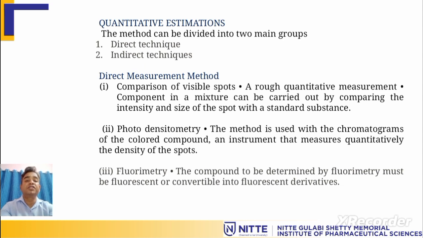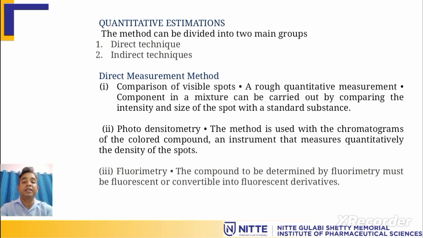Whereas photodensitometry is used with the chromatogram of a colored compound, an instrument that quantitatively measures the density of the spot and finds out how much quantity is present. This is generally done when we do HPTLC. And in fluorometry, the compound can be determined by its own fluorescence, or by converting it into a fluorescent derivative, and this shows how much fluorescence has been shown, and the quantum of the substance present in the separated part can be calculated, right?